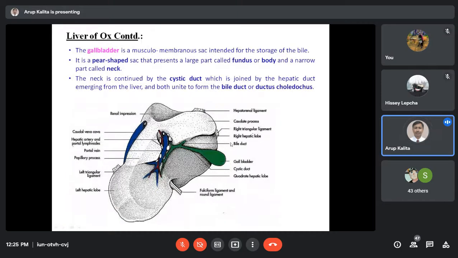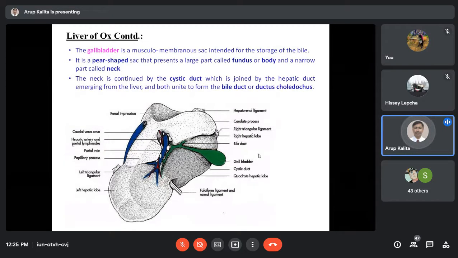Bile will be poured into the duodenum, and through the feces it goes out from the body. Feces are yellow in color, and the yellow color comes from the bile.